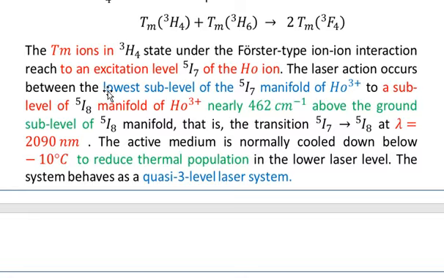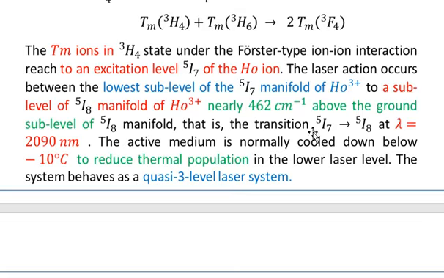The laser action occurs between the lowest sublevels of the 5I7. So you see that the 5I7 manifold has many sublevels, and the laser action occurs between the lowest sublevel of the 5I7 manifold of the holmium 3+ ion to a sublevel of the 5I8 manifold, which is nearly 462 centimeter inverse above the ground sublevels of the 5I8 manifold.